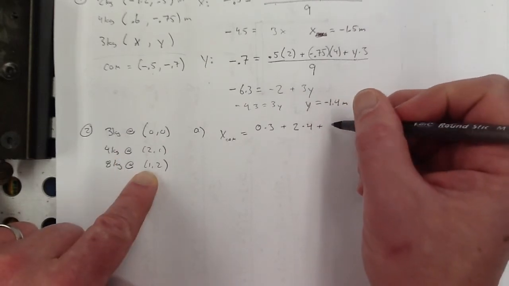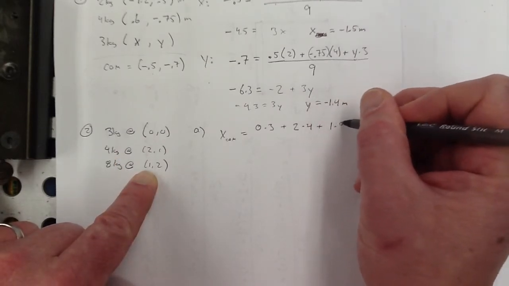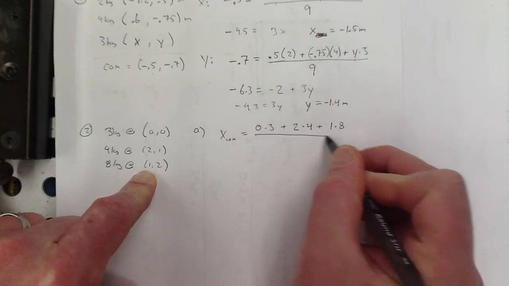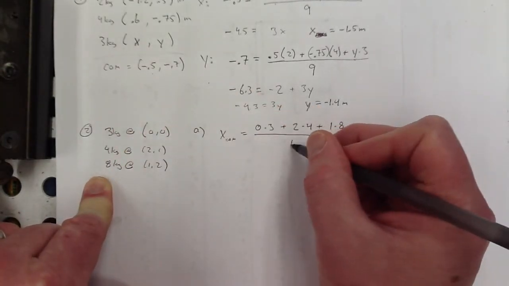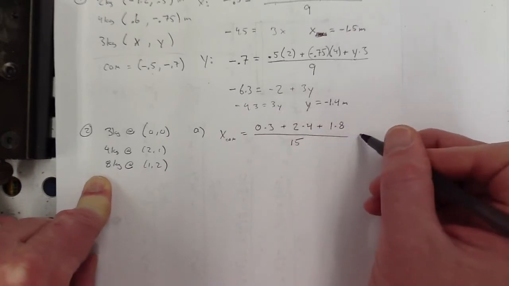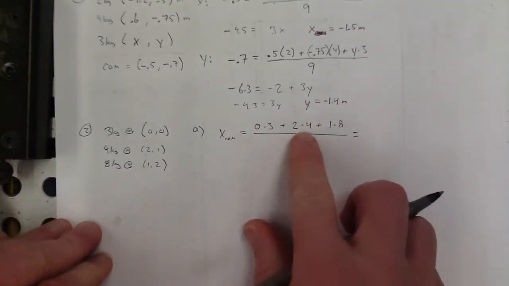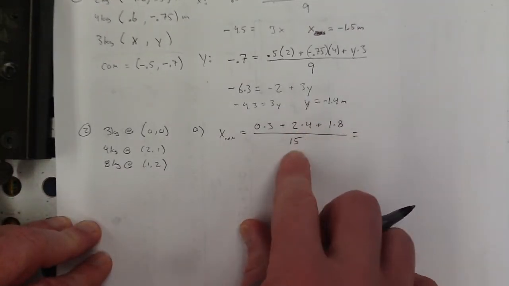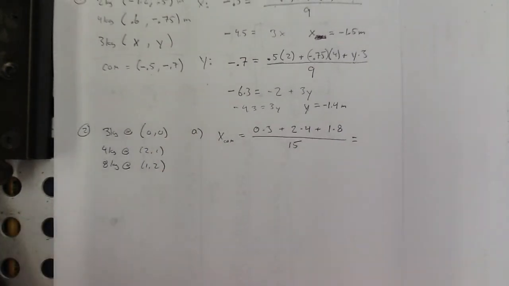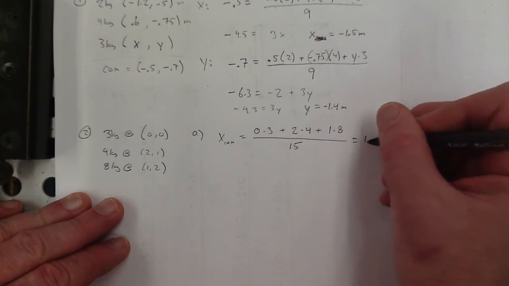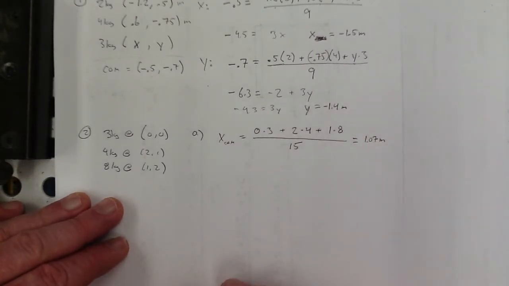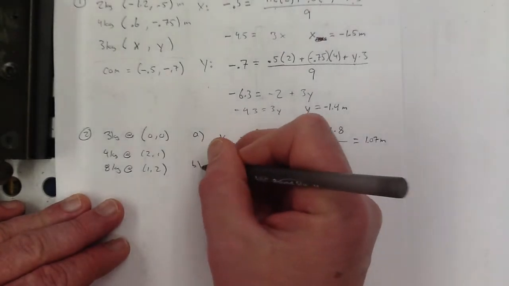It's a weighted average, literally, or a massed average, I guess. They're not weights, they're masses, but you know what I mean. Okay, so let's see what we have here. 16 over 15. So 1 and change. So the x-coordinate's at 1.07.